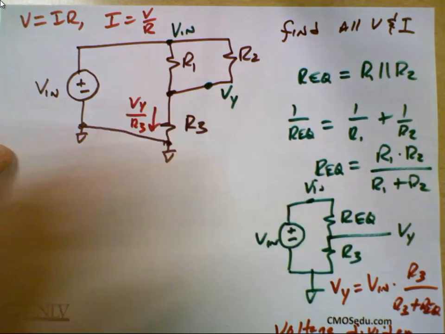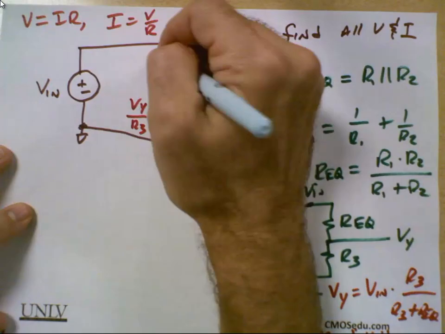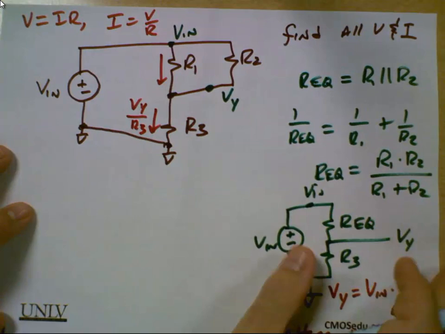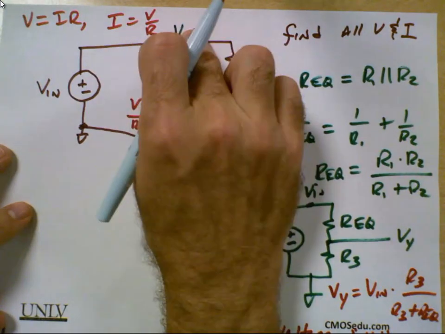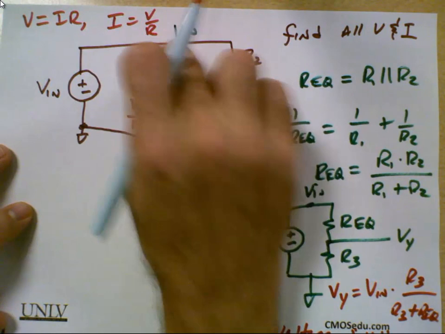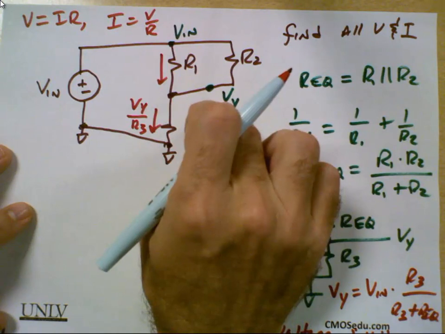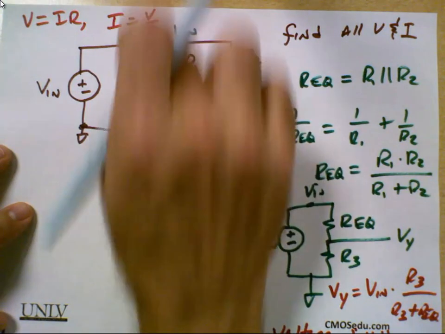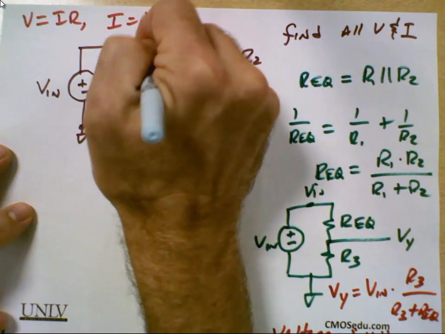Any questions about that? What about the current through here? Oh, this one's tough. The pressure on this side is what? VN. The pressure on this side is VY. What's the difference in pressures across the resistor? VN minus VY.